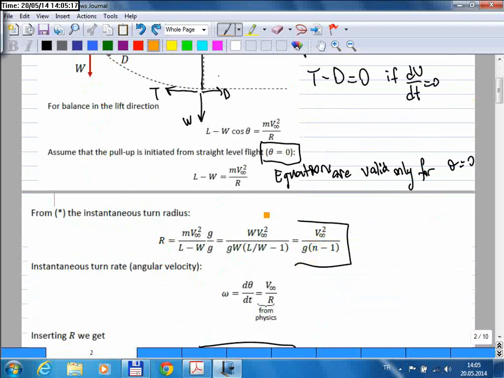If you look at what is done here, you're trying to find an expression for r, so you leave r alone on one side, and on the other side you have this. To be able to use the load factor, you take W into parentheses, and that gives you n minus 1.